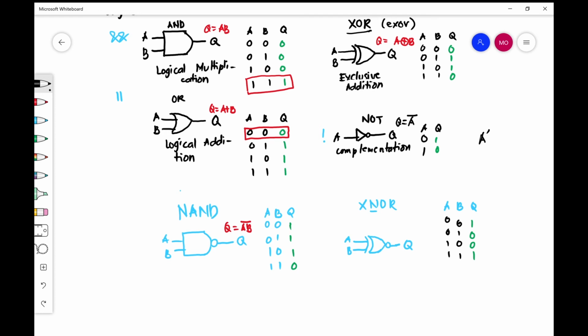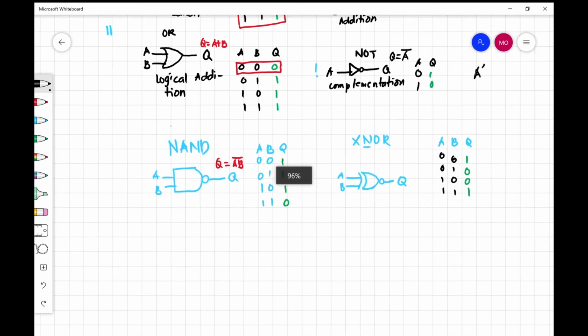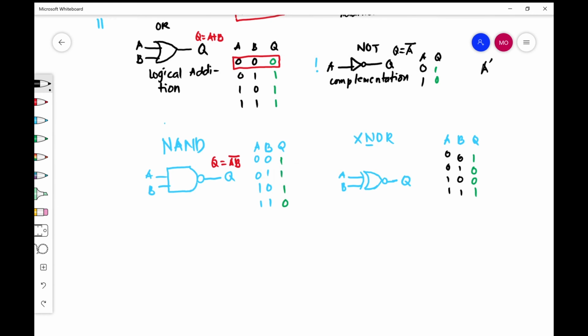Okay, let's go to your NOR gate. For the NOR gate, we have a symbol of your OR and the NOT in the output. You have A, B, and Q here.